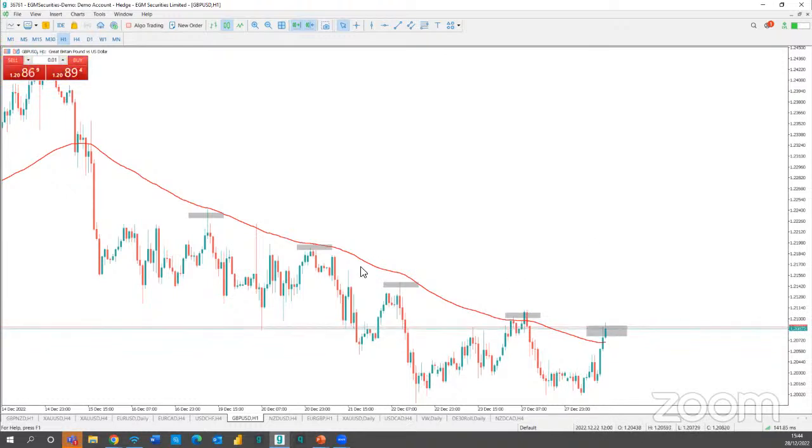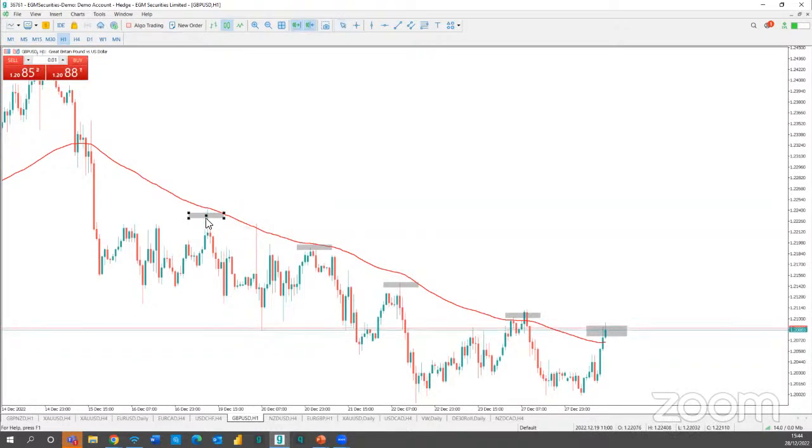So that is all on trend. These are the rules that you follow. Number one, find the trend. If it's a downtrend, you're looking for trades to sell. If it's an uptrend, you're looking for trades to buy. For example, if you find a downtrend, wait for the price to come and touch that trend line or that moving average showing you the trend.